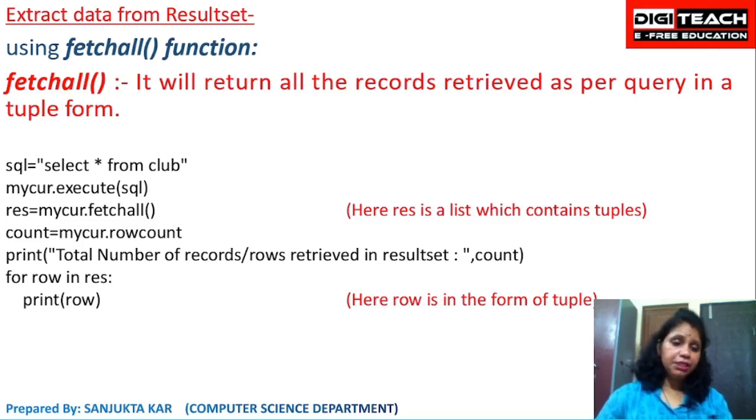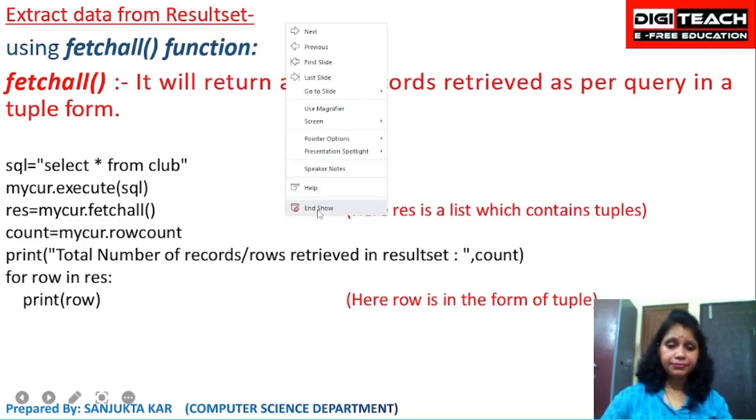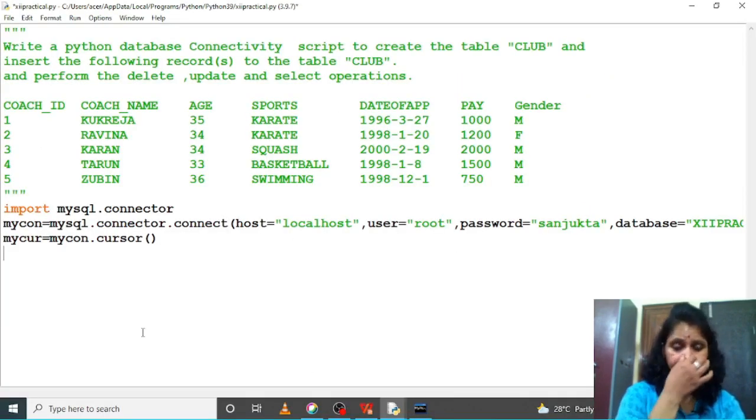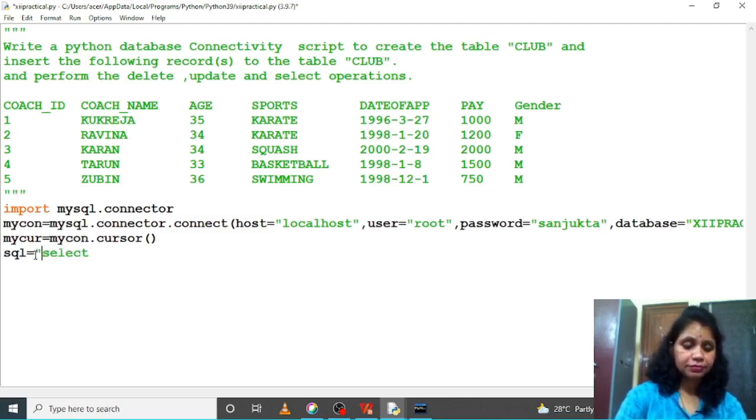How will you use the fetchall function? So friends, already we have inserted the data. Now SQL equal to select command, which is used to extract the records from the table.